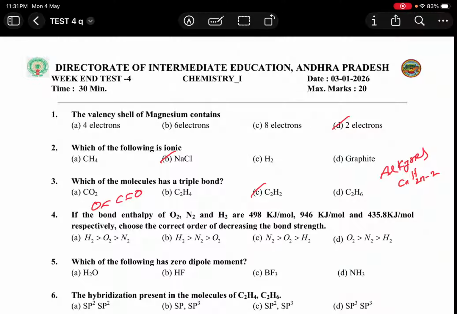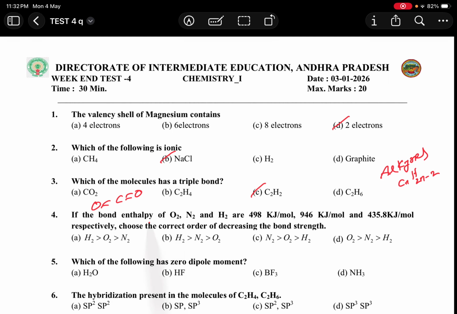Next, fourth one, if the bond enthalpy of O2, N2 and H2 are 498 kilojoules per mole, 946 kilojoules per mole and 435.8 kilojoules per mole respectively, choose the correct order of decreasing bond strength. So bond enthalpy values are given.